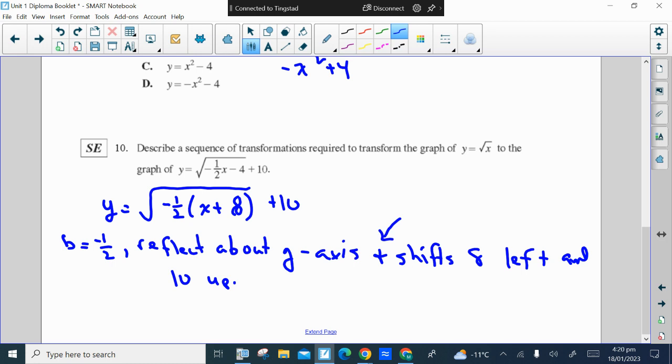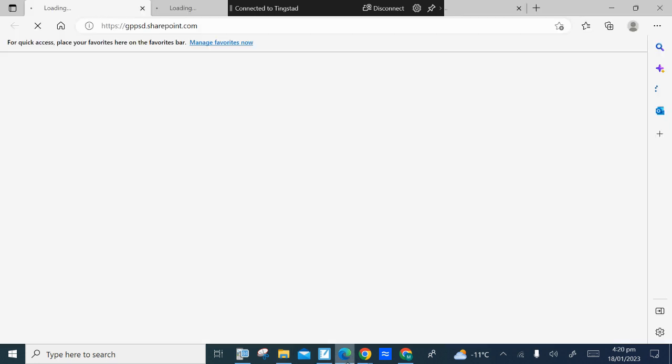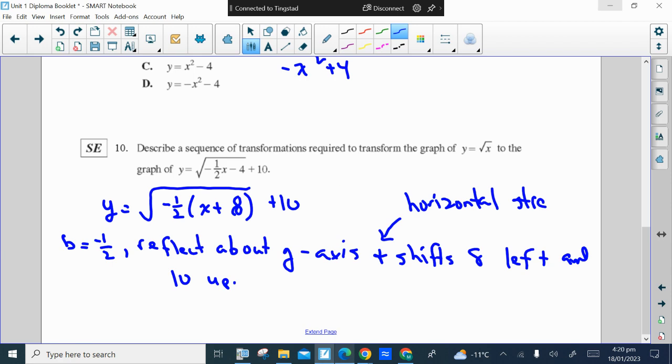After it reflects over the y-axis, it'll horizontally stretch by 2, because the horizontal stretch factor and the b values are always reciprocals of each other.